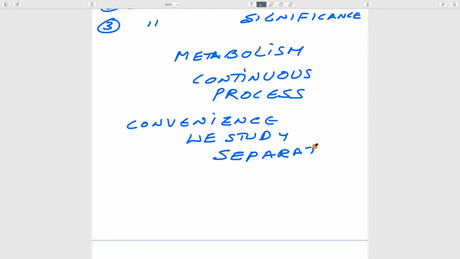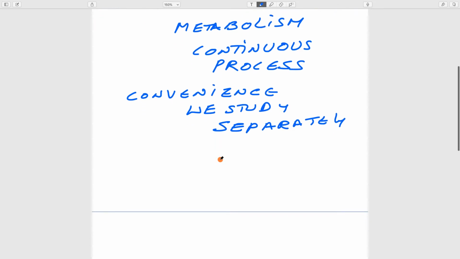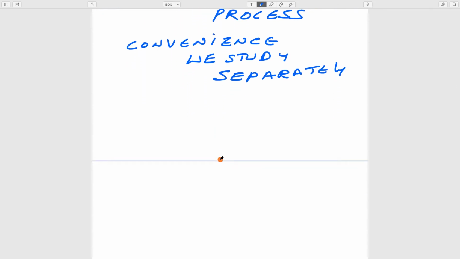it is not so. There is no separate carbohydrate metabolism as such. It is a single entity: carbohydrate metabolism, fat metabolism, and protein metabolism when they are taking place in a cell. They are not taking place as separate pathways.